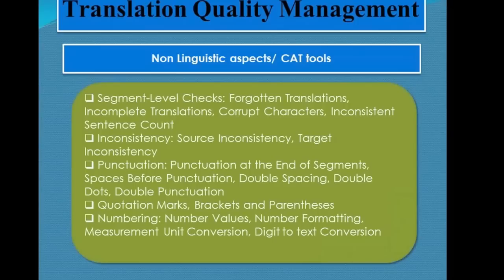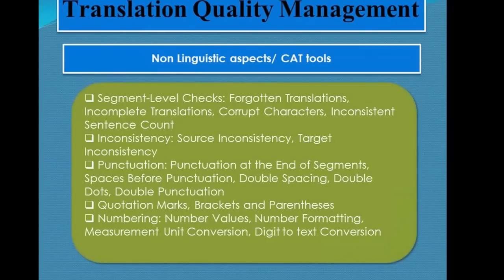Many times you face corrupt characters. There is inconsistency in the source. For example, in the source document you have 10 sentences, but in the target you have 11 sentences. This is not a linguistic problem. This is a non-linguistic problem. Source has 10 but translation has 11. Source has 10 but translation has only 8 sentences.